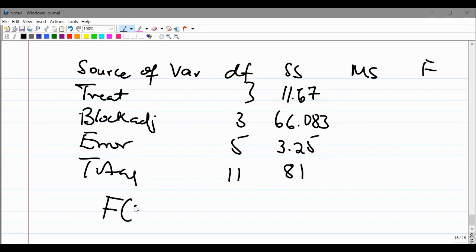F will remain the same for the tabulated one. The MS for the treatment is 3.88.